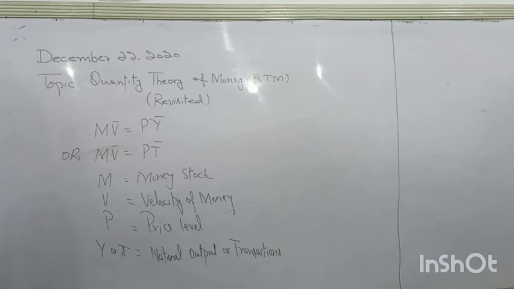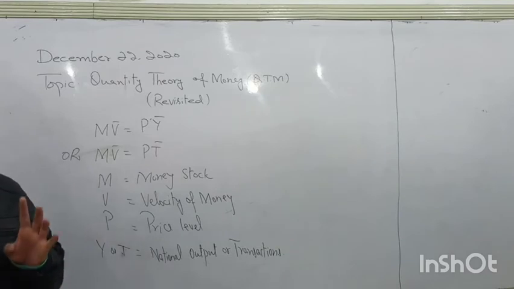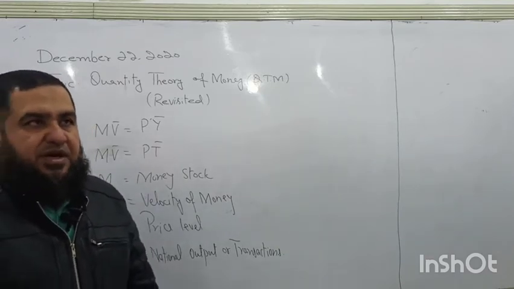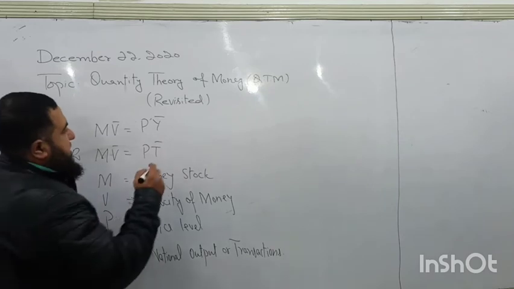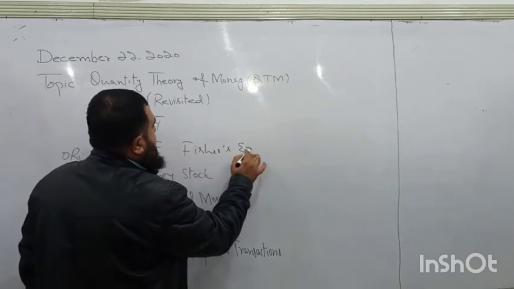Previously it was a classical theory of money, that is MV = PY. So whenever money supply is going to increase, it will have a direct effect on the general price level. Where Y can be written as T, this is called Fisher's equation.